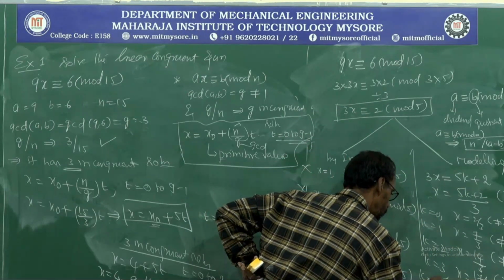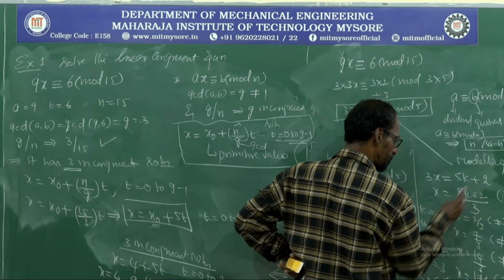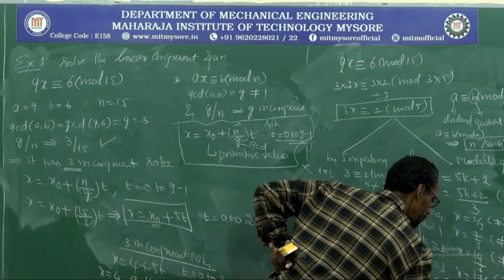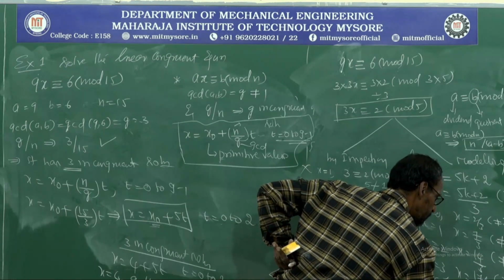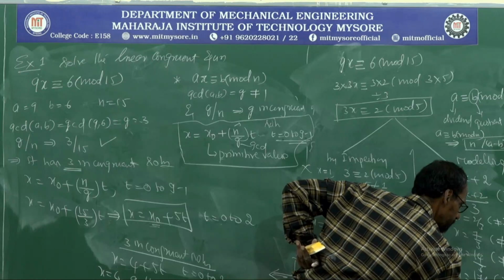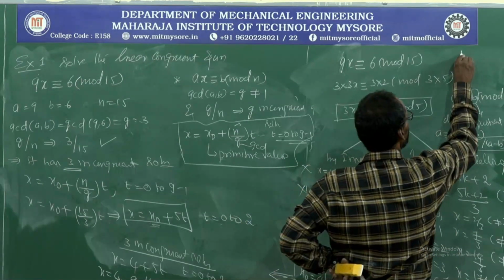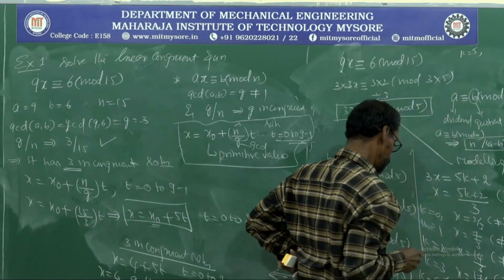Again take k equal to 4. So 5 4s are 20 plus 2, 22. We have x is equal to 22 by 3. It is again not an integer. Again take k equal to 5.